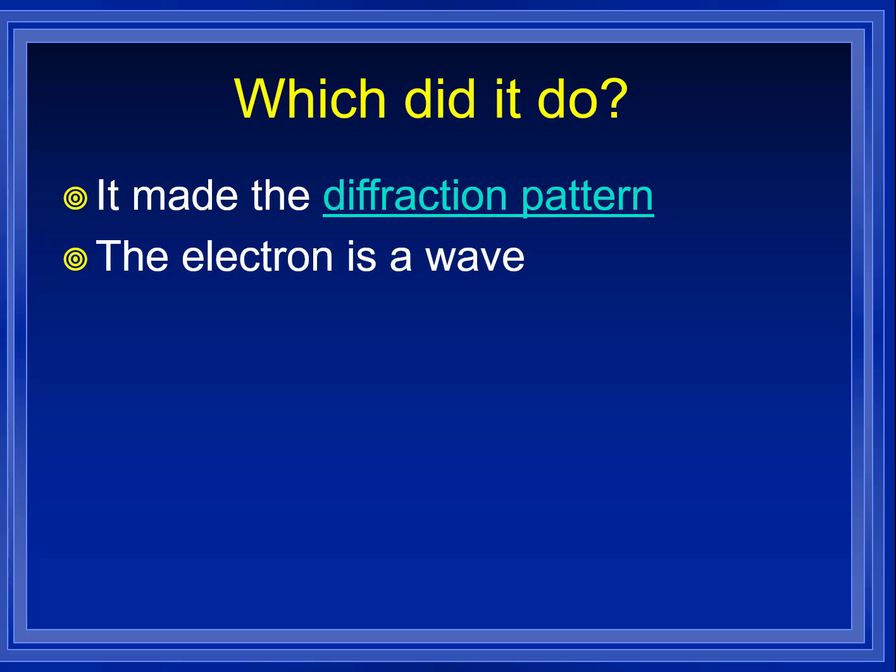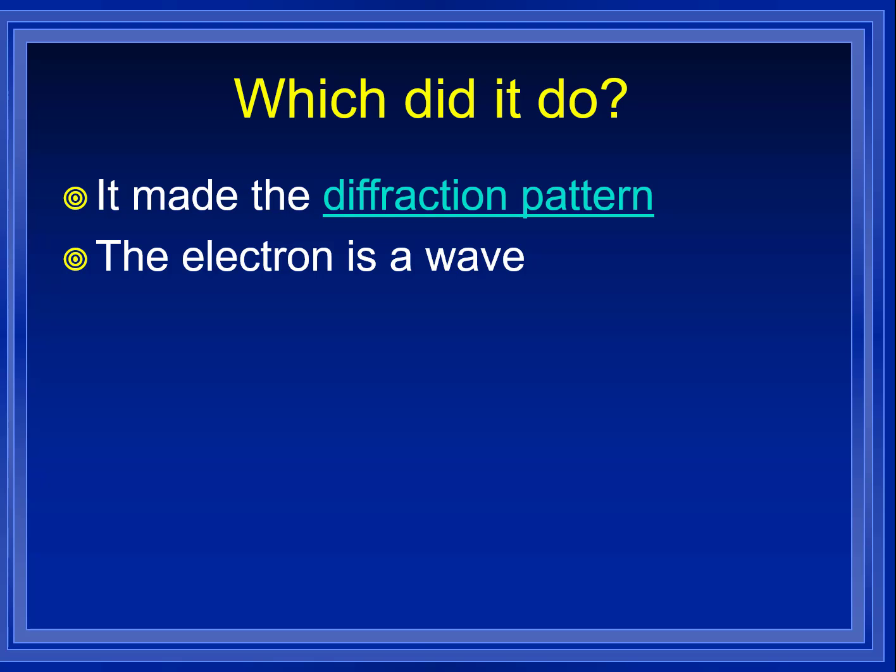That is why there's energy levels. The first energy level is 1 whole wave. The second energy level is 2 whole waves. The third energy level is 3 whole waves. The fourth energy level is 4 whole waves. So if you treat them as waves, you got an explanation for why there's energy levels.